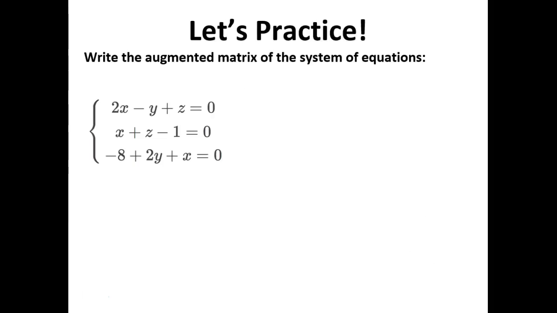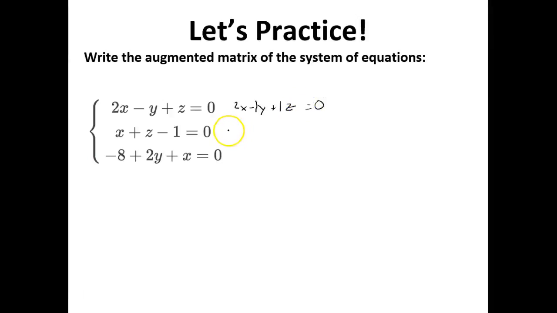So if we wanted to look at this system of equations and write an augmented matrix, the first thing we have to make sure is that we have the constants over here and then the variables over here. So this first equation, 2x minus y, you could think of that as minus 1y plus 1z is equal to 0.